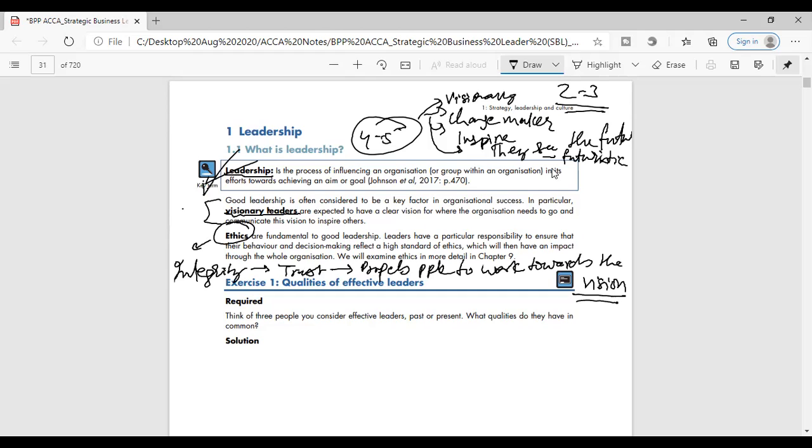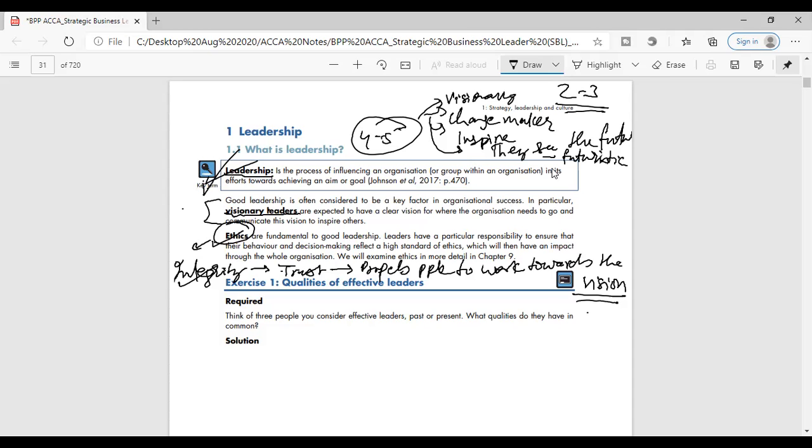So it is important that a leader has ethics and integrity, which will bring trust, and people will be focused towards the objective and the vision of the leader. Otherwise, if people don't like the leader, they don't share the vision, and they don't trust them, then there's no point and there's no chance they will be focused and motivated to work on the vision of that leader.